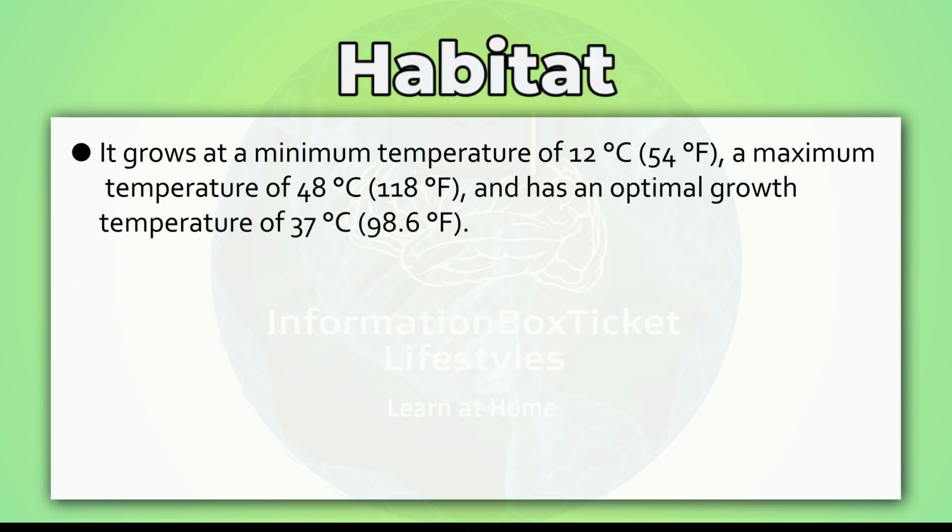It grows at a minimum temperature of 12 degrees Celsius, 54 degrees Fahrenheit, a maximum temperature of 48 degrees Celsius, 118 degrees Fahrenheit, and has an optimal growth temperature of 37 degrees Celsius, 98.6 degrees Fahrenheit.